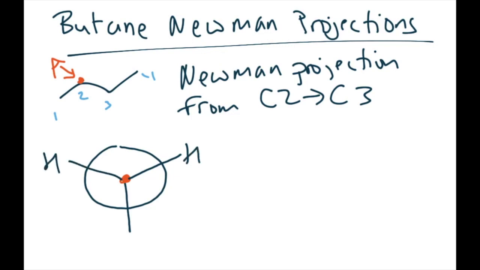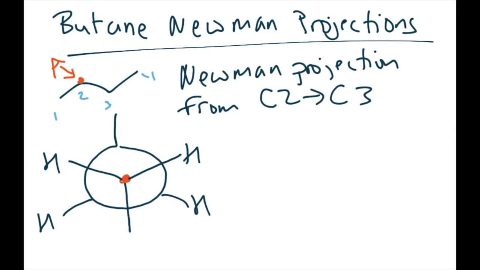Those hydrogens aren't shown on carbon 2, but you know they're there because you can see the 2 bonds, and then the other 2 bonds have to be hydrogens. Then carbon 3, we can't see carbon 3, we just see the things attached to carbon 3. So you've got the methyl group, a hydrogen, and a hydrogen.